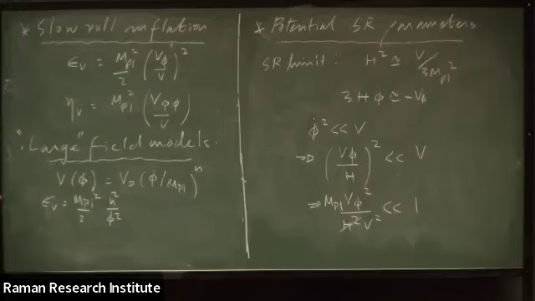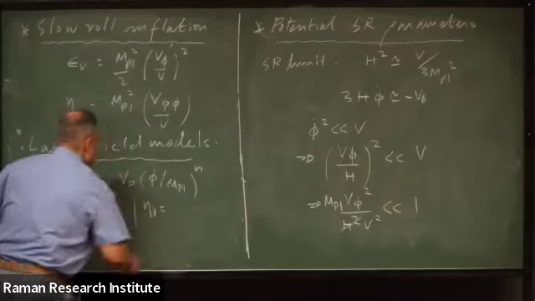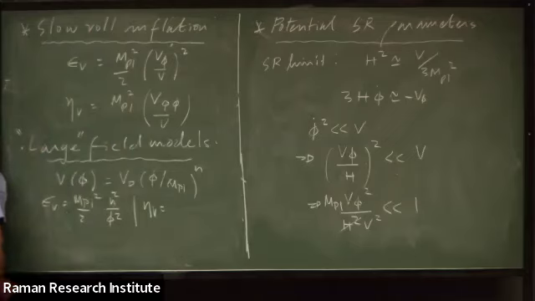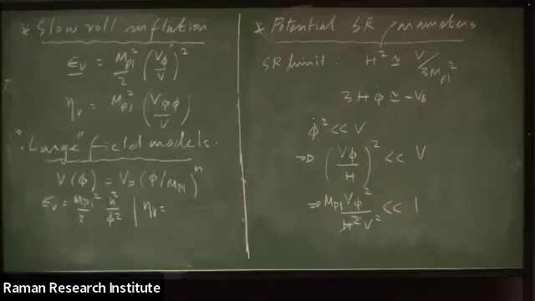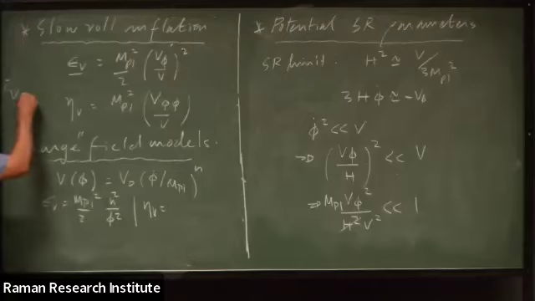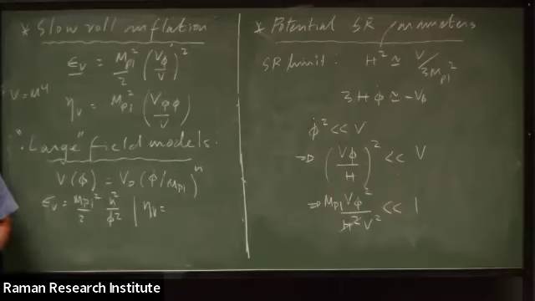This is right. And what is eta V? What is the dimension of epsilon V? What is the dimension of V? In h bar equal to c equal to 1 units, it's m to the power 4. I will let you convince yourself. And phi has dimensions of m.